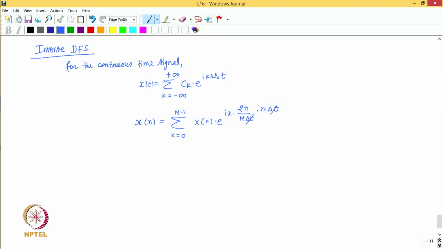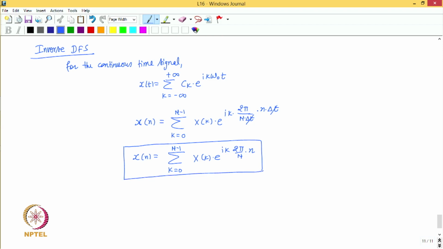So this cancels out, and we are left with x[n] equal to the sum from k equals 0 to N minus 1 of Xk e to the power j k 2 pi by capital N into small n. So this is nothing but the expression for the inverse DFS.